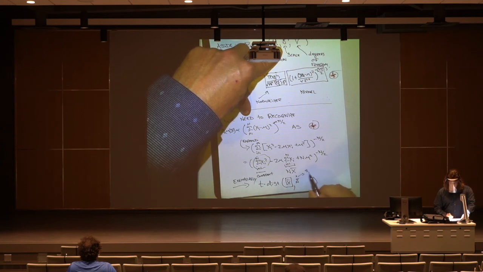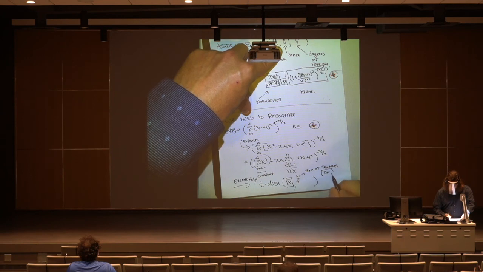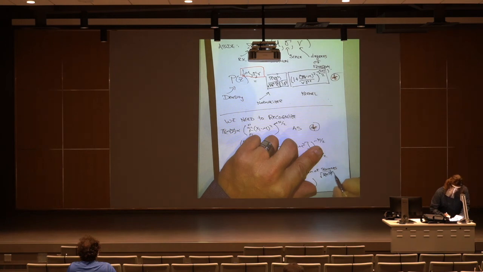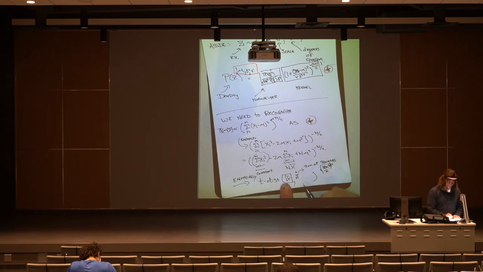So this is the sum of squares thing: the sum of the x_i minus x bar, squared, over that. So when we divide by n, we're going to have an n minus 1 that appears as well.